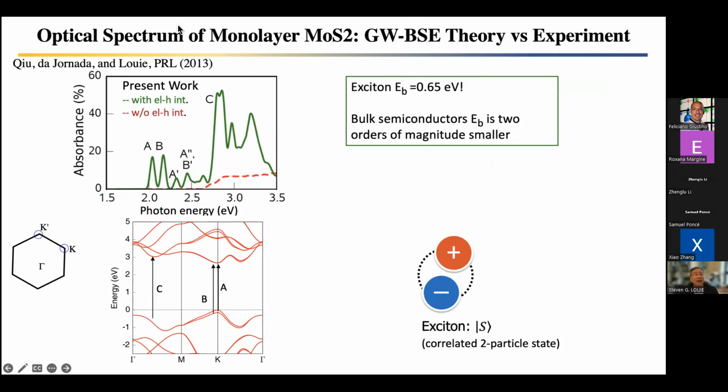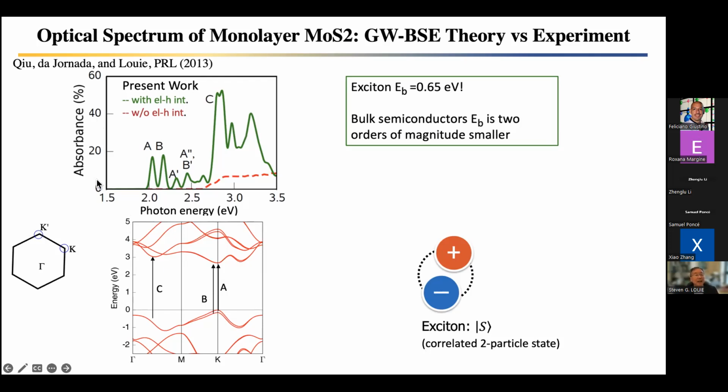So here we're looking at the case of the optical spectrum of monolayer molybdenum disulfide. The band structure of this material is given here. It's a semiconductor with the band gap at the K and K prime valley points.